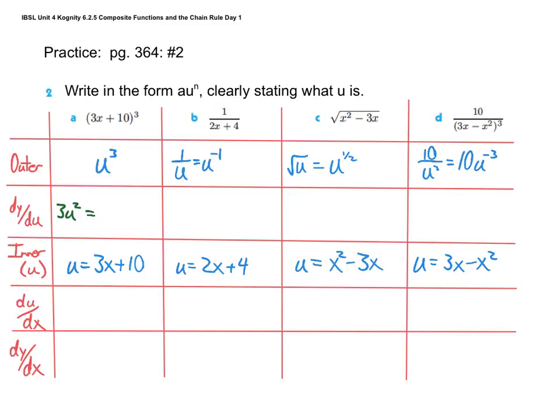So, I'm going to make that 3 times 3x plus 10 squared. So taking the derivative with respect to u, and then I'm plugging back in what u equals.